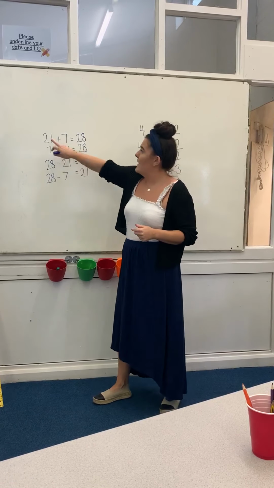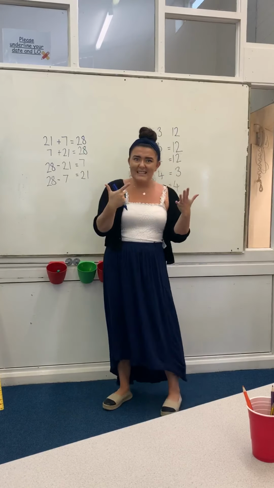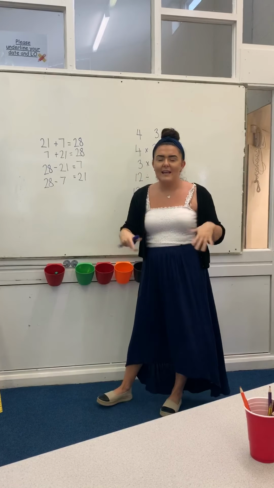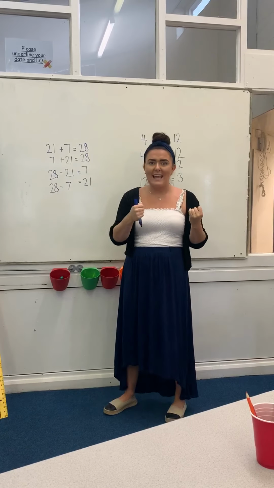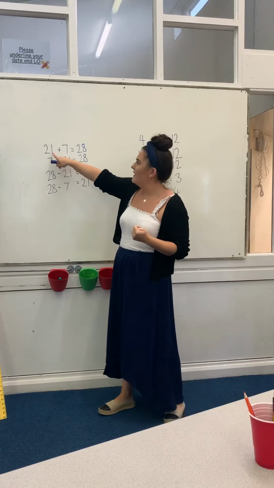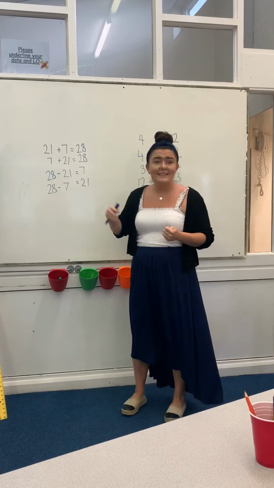So if we did 21, add 7, well, I can put 21 in my head, I can add 7 on and find out if it's 28. 21, 22, 23, 24, 25, 26, 27, 28. So therefore, if we know that 21 add 7 is 28, 28 take away 21 is 7.